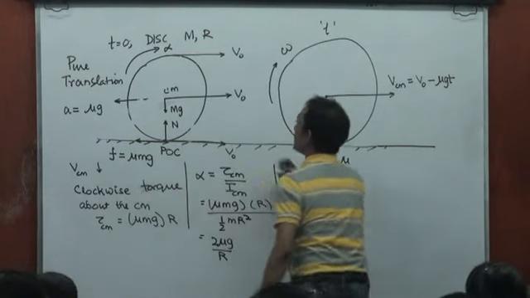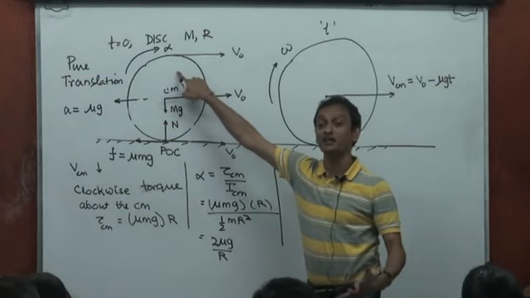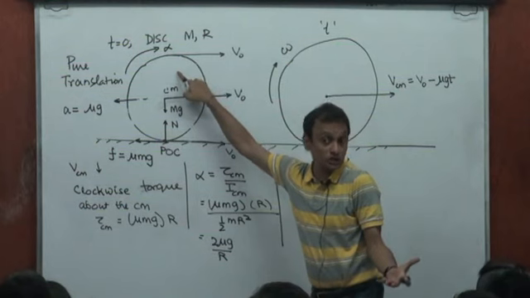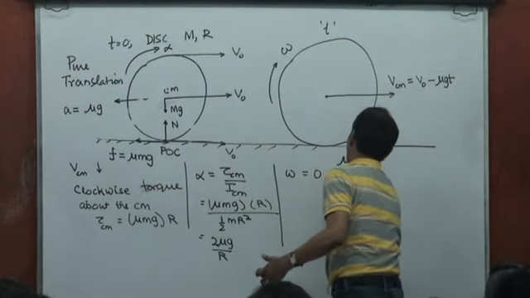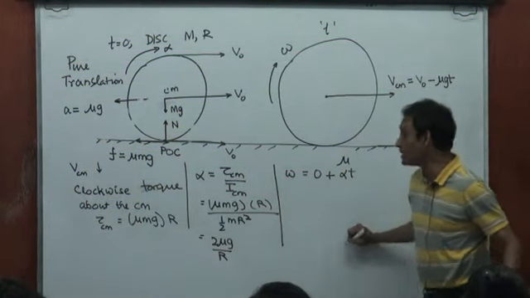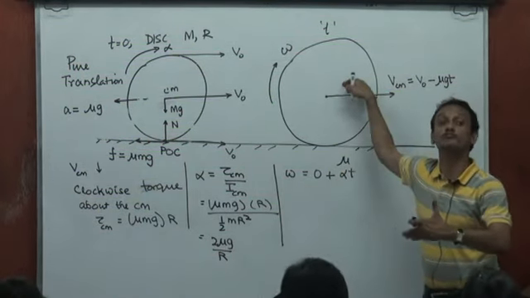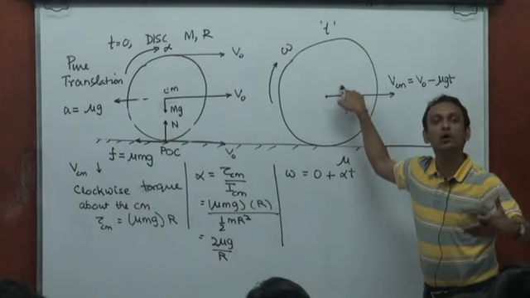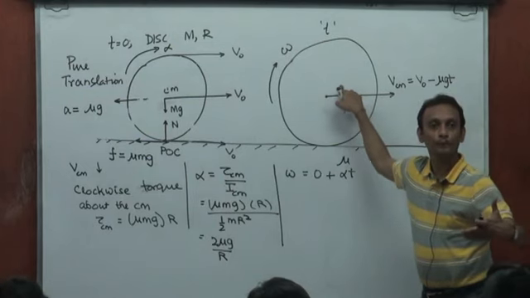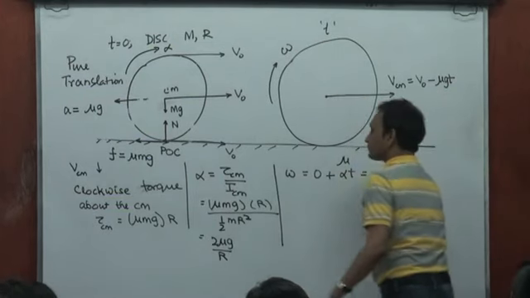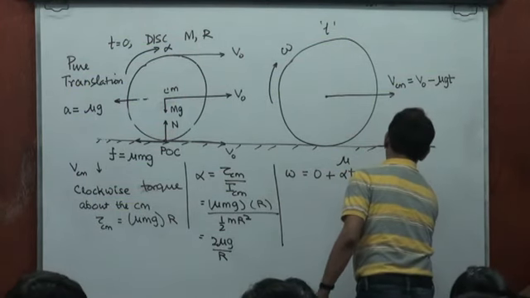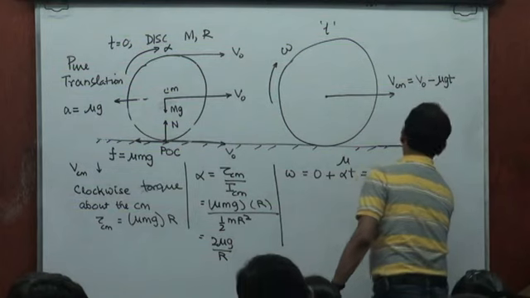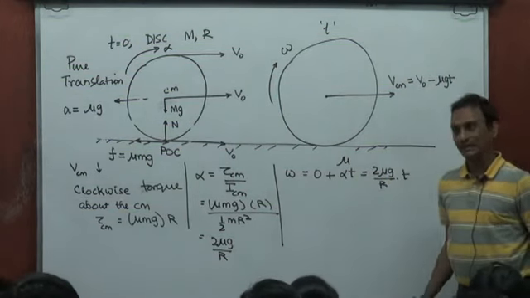Omega at an instant of time t would be initial omega 0, because we started in a state of pure translation, so initial omega was 0, plus alpha t. Yes or no? So alpha is 2 mu g by r into t. That's omega at an instant of time t.